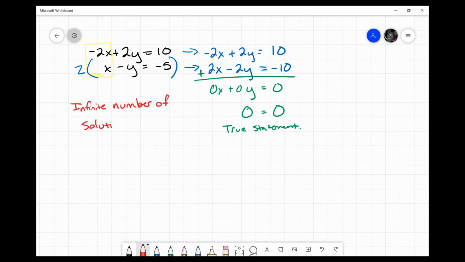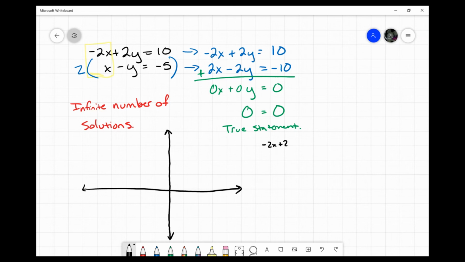If you're struggling to understand why, let's take it to graphical form. I'm going to solve for y to make it into y equals mx plus b. Negative 2x plus 2y is equal to 10. I'm going to add 2x to both sides. 2y is equal to 2x plus 10, dividing every term by 2. y is equal to 1x plus 5.